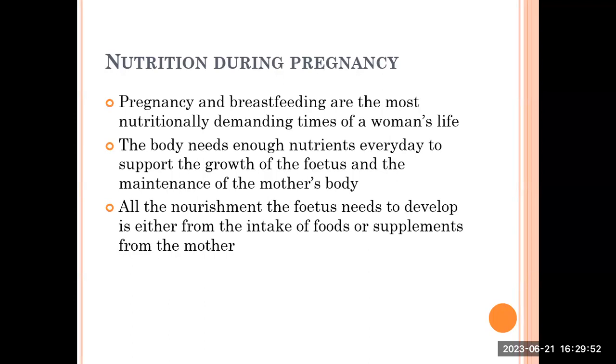All the nourishment the fetus needs to develop is either from the intake of foods or supplements from the mother, or from the reserves that the mother has. Let me emphasize, it's not on the slide, but it's very important.